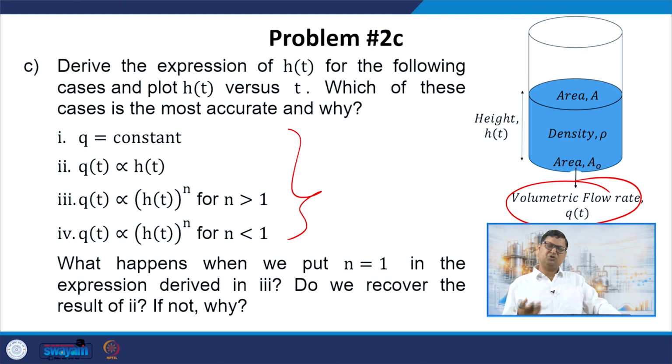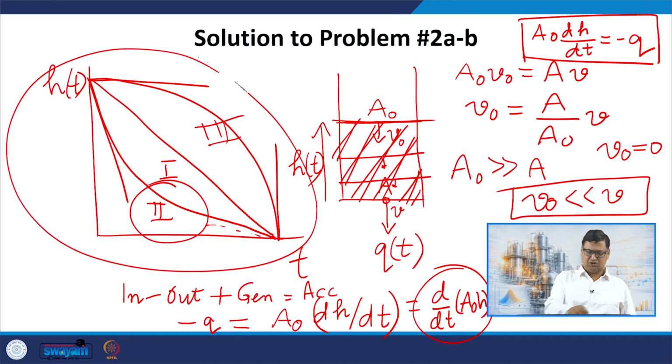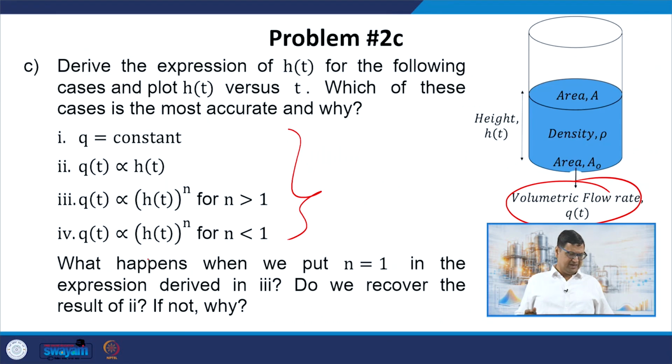problem. I am proposing some empirical model, and I already have the intuition of how the h(t) versus t should look like. It should probably look like number 2 here. So maybe I can figure out which of these may be more likely.